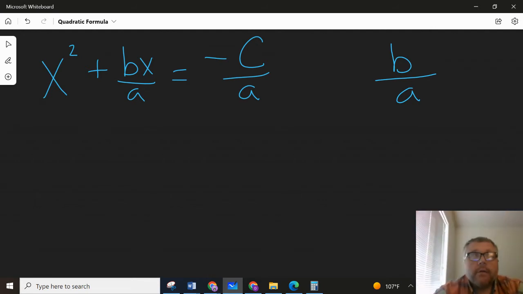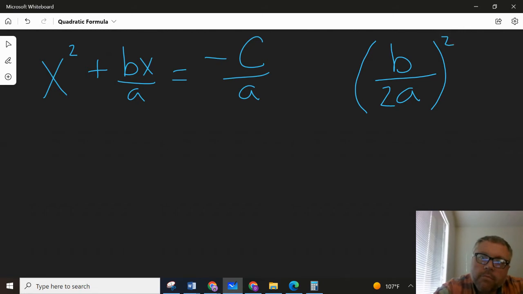How can I take half of this quantity? Put a 2 in the denominator. There, you just cut it in half. Easy day. Now you want to square that and add it to both sides. This is what's going to allow us to factor the left-hand side very nicely.